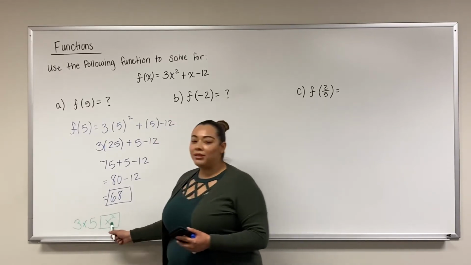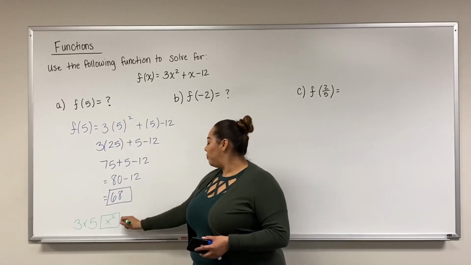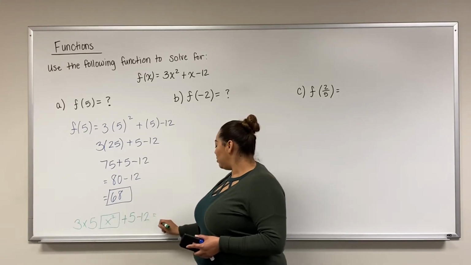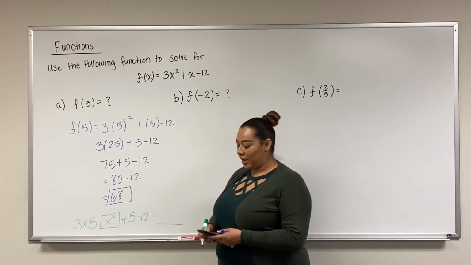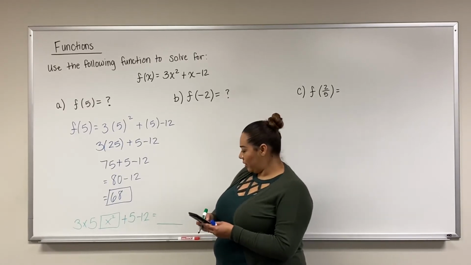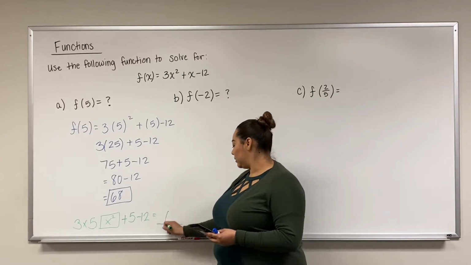This means that it's going to square our 5. Then plus 5 minus 12 equals, and it should give us our answer as 68. So we got 3 times 5 squared plus 5 minus 12, it is 68.